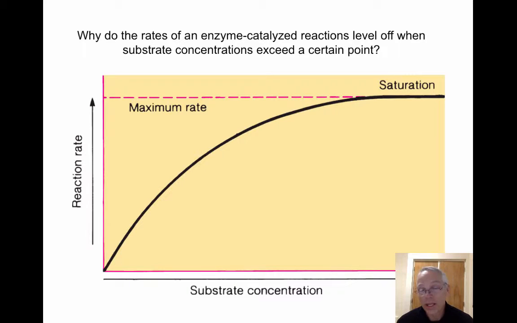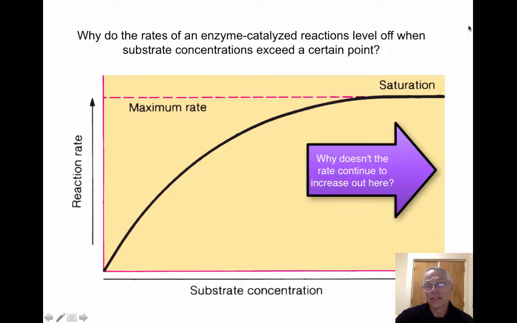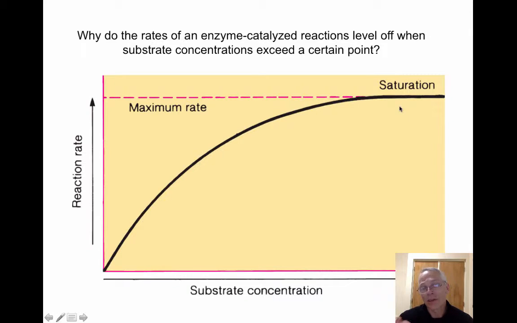But we reach a point where adding more substrate does not increase the rate of the reaction. So in the far right-hand part of this graph, we're adding more of the substrate molecules, but the rate of the reaction doesn't increase anymore.